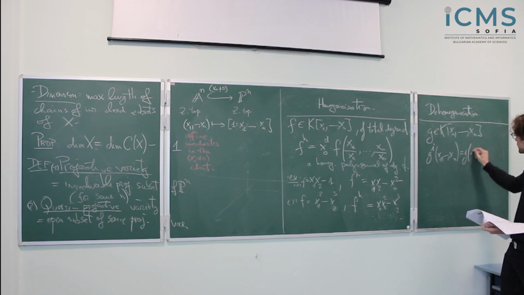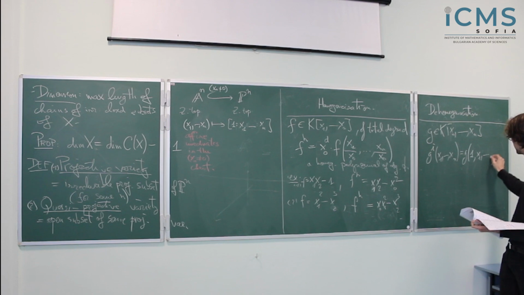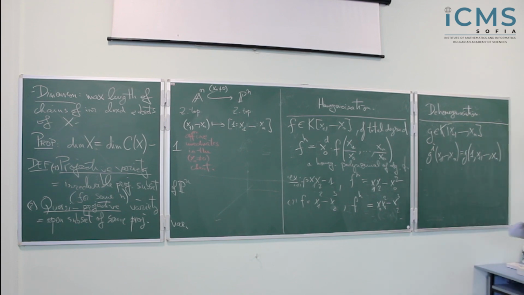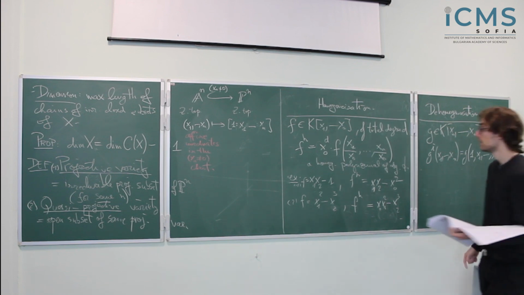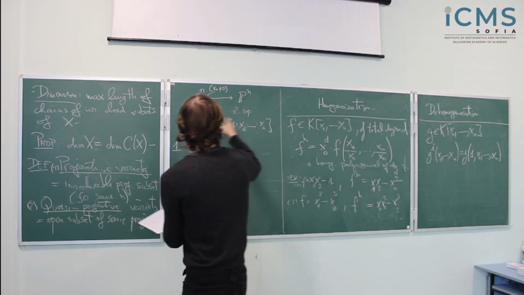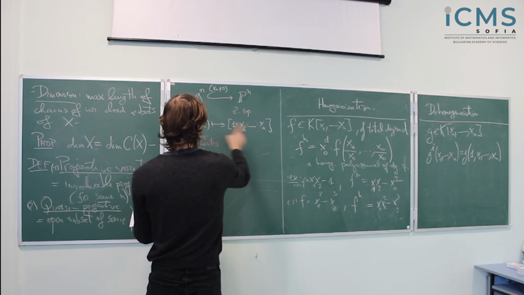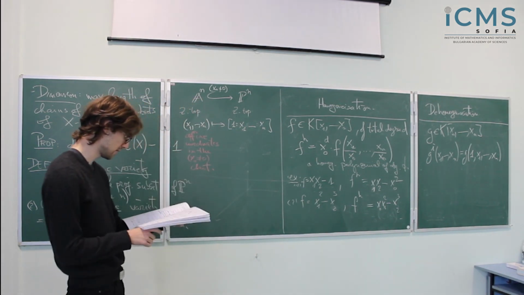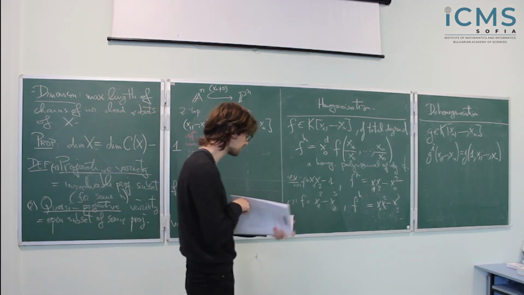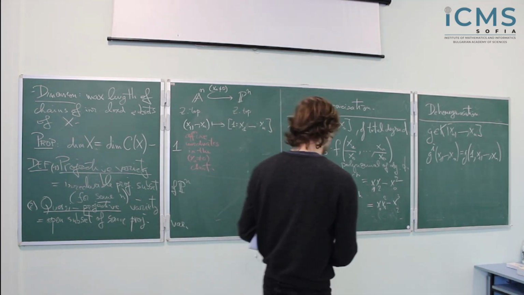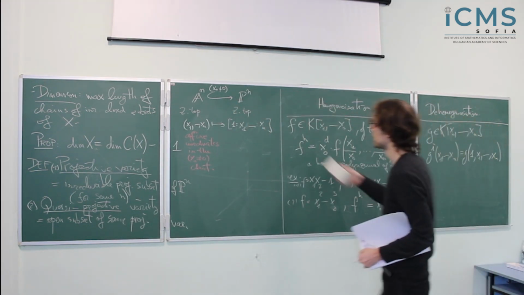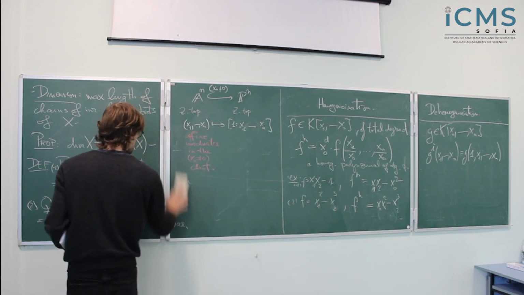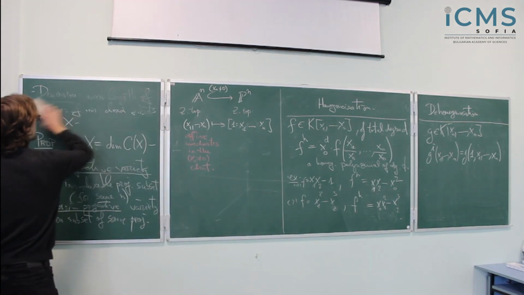Well, I'll just take g and evaluate only the first variable at 1. Okay, so this should remind you of how these two things work. Okay. So now, equipped with this, we can actually define the relationship between the two topologies here.